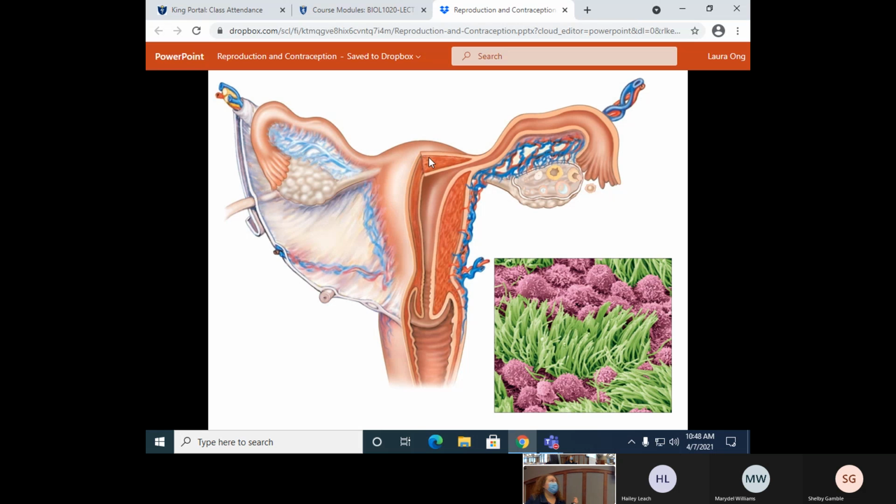If that's happening inside the uterus, that tissue has a way to get out of the body. It's going to be shed into the uterus, and then it will come through the cervix, go through the vagina, and act like a period should act, I guess you could say.